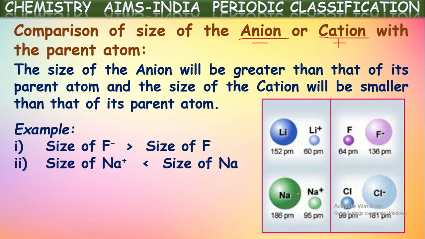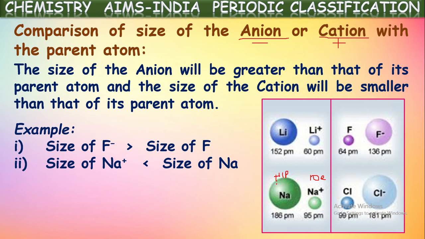So when sodium loses one electron, the number of electrons is reduced to 10, whereas its nuclear charge is maintained at positive 11. As the nuclear charge is greater than the negative charge, this greater nuclear charge attracts the electrons more, so these electrons come a little closer to the nucleus. Thus, the size of the atom decreases in case of cations. Size of cation is smaller than the neutral atom.